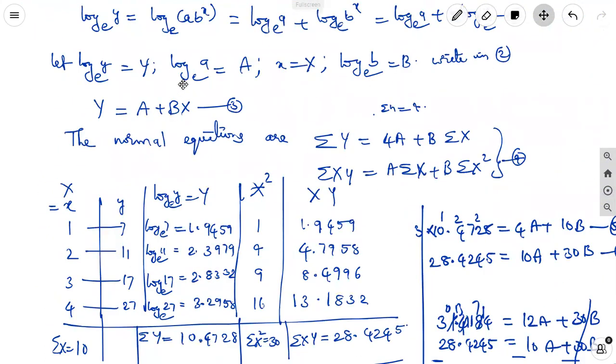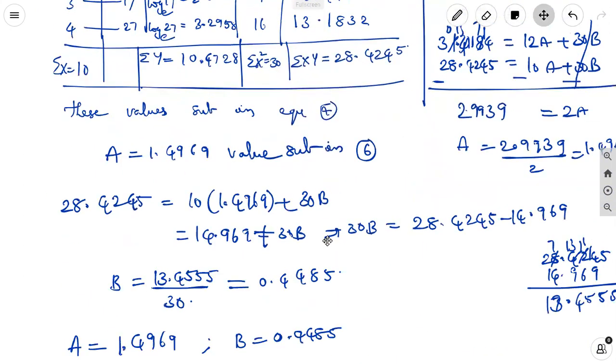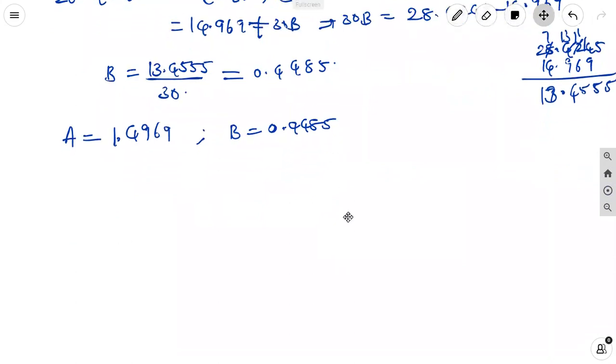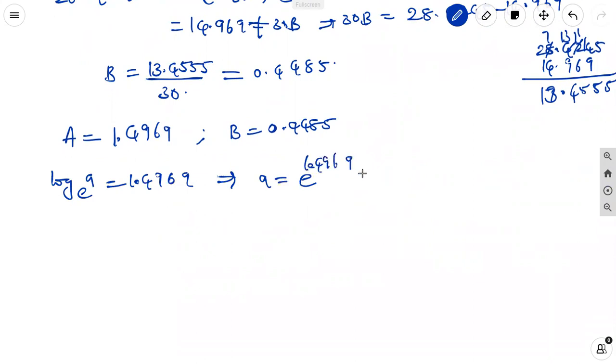Here, log small a base e equal to capital A, log small b base e equal to capital B. Log small a base e equal to 1.4969. From this, small a equal to e power 1.4969, which is 4.4678.